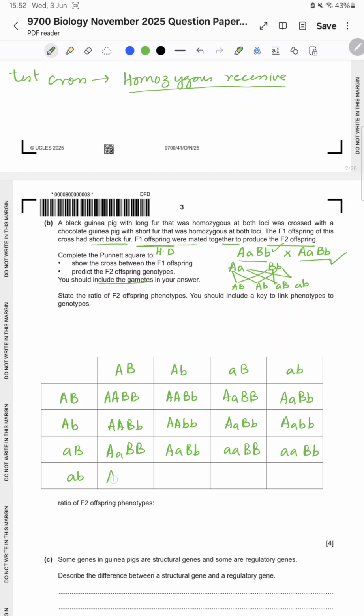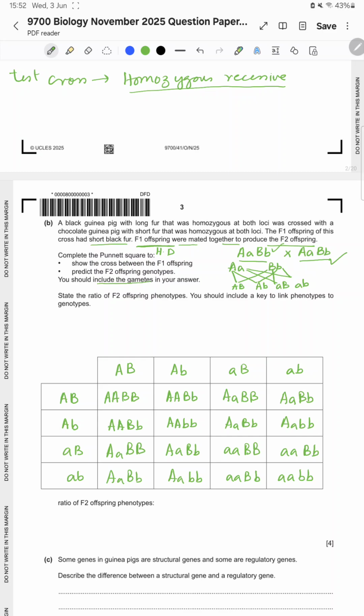And here's the last one: capital A, small a, capital B, small b, and finally small a, small a, small b, small b.